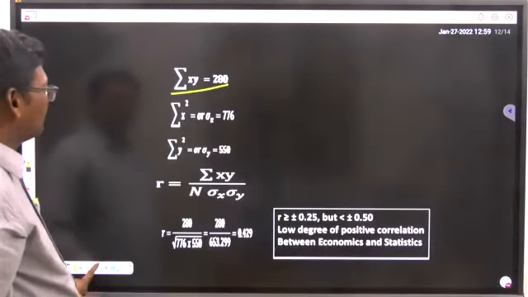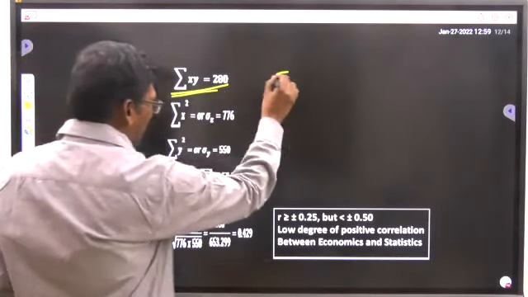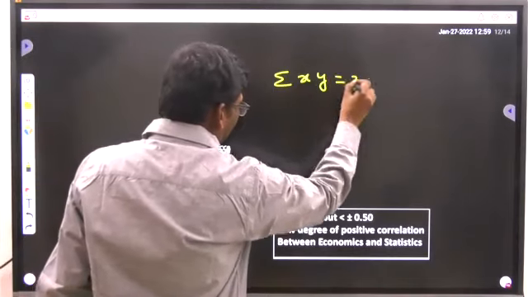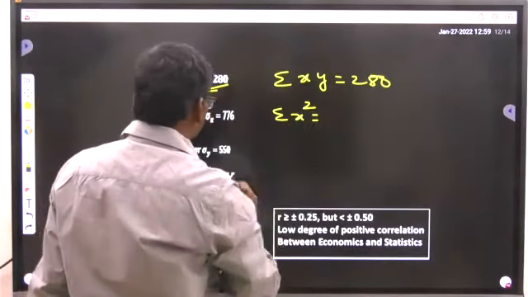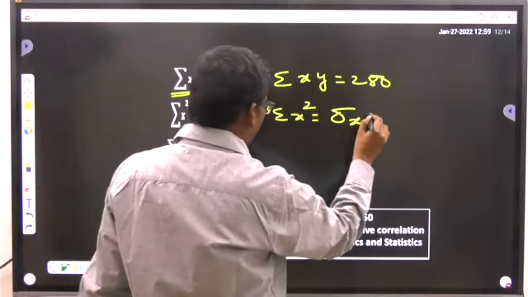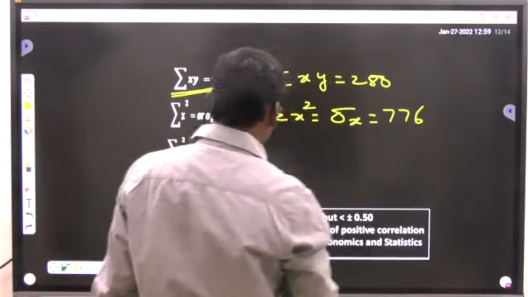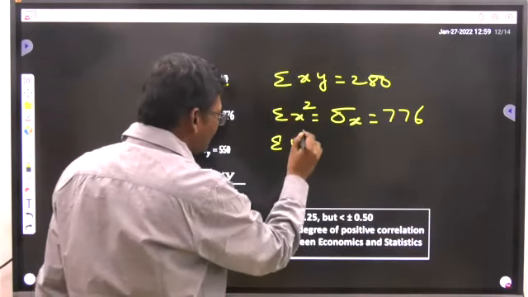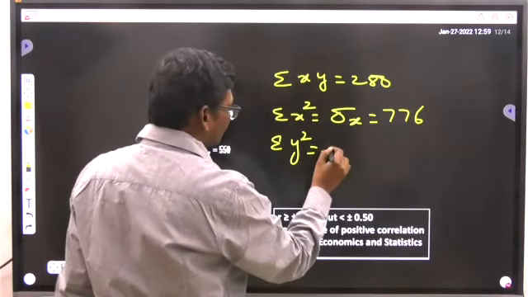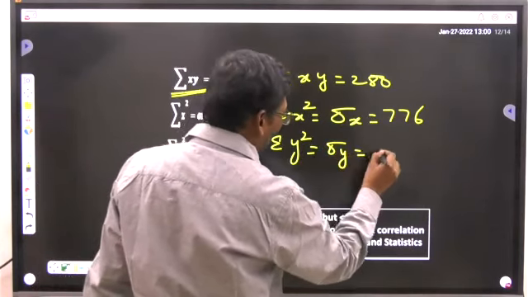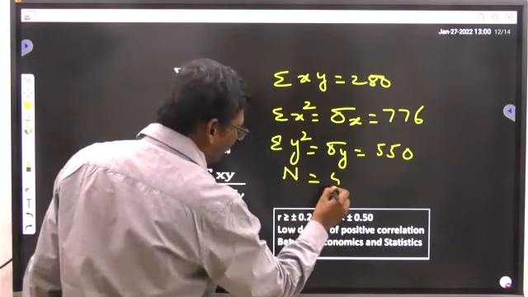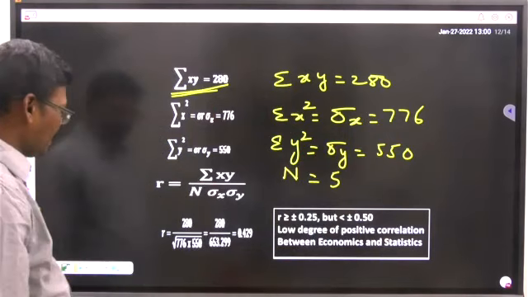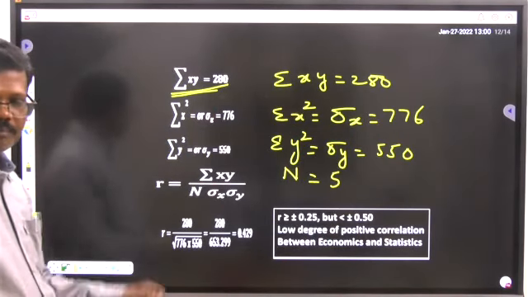So sigma xy is 280, sigma x square is 776, and sigma y square is 550. n we know is 5.